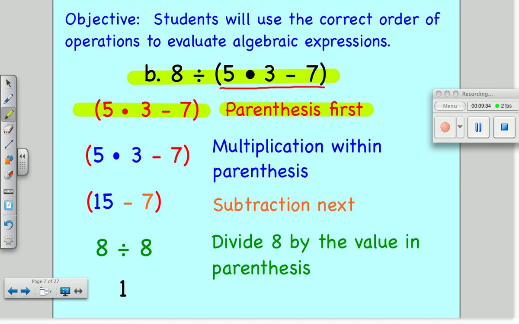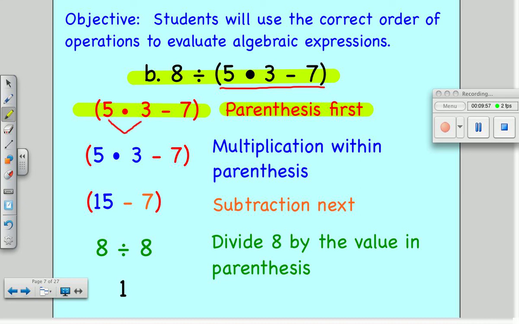I have multiplication and I have subtraction. Well, if you look back at your order of operations, what comes first? You can't just work left to right. Multiplication comes first. So first we're going to multiply 5 times 3, and we get 15.